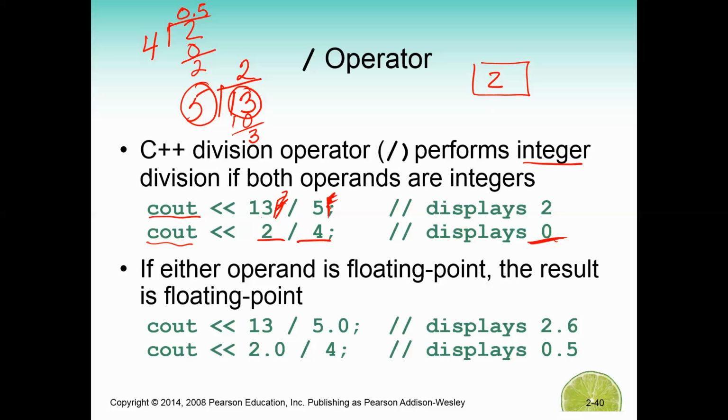The same thing with this one, not the fraction. It will truncate the fraction. If I have this 13 divided by 5.0, right here, then the fraction is going to come out. This is very different. This is a 2 and this is a 2.6.